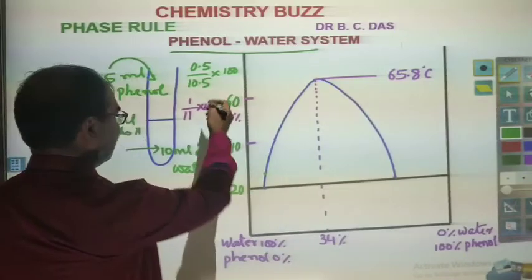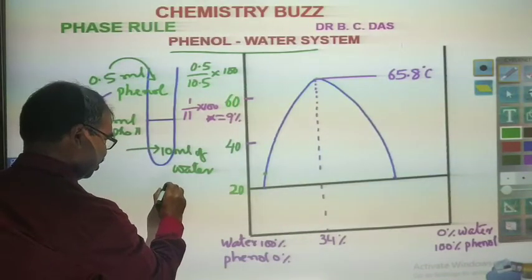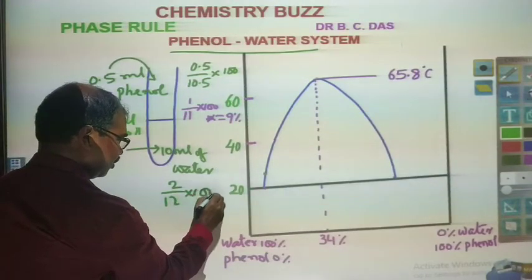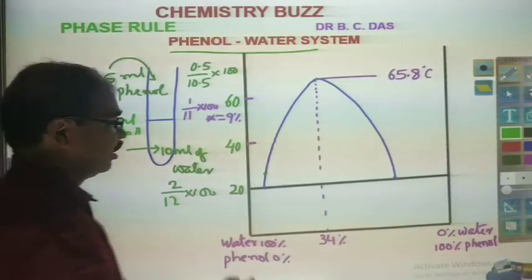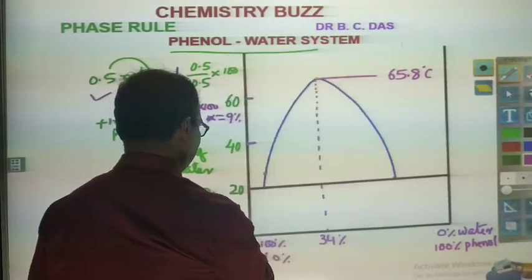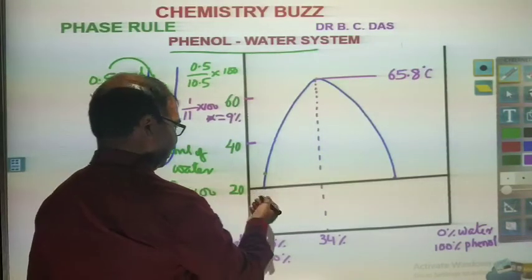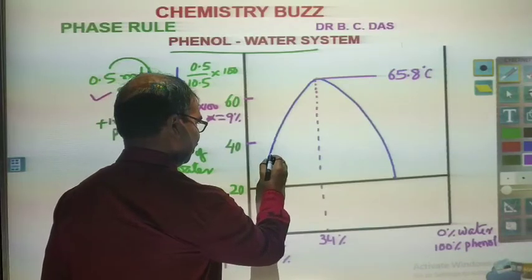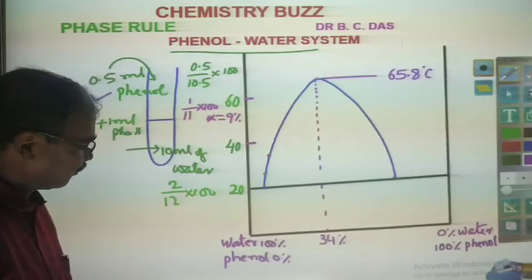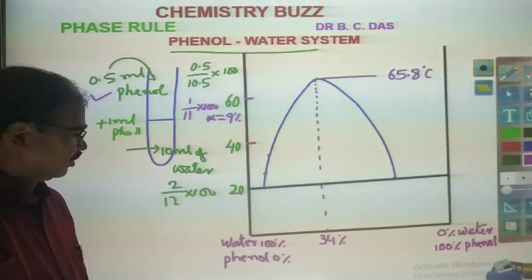Then what will happen? The percentage composition will change. So the percentage composition will be 2 by 12 into 100. Okay. So in this composition, the turbidity will appear again, and if we heat it, then this will be miscible at a somewhat higher temperature. And if we cool it, the turbidity will reappear.